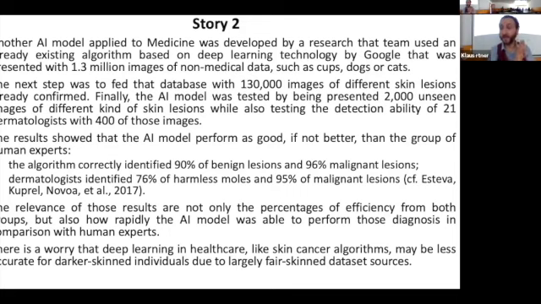In this case, there was this model from Google that was based on millions of non-medical data, for example, images of cubs, dogs, and cats. Then an AI medicine team wanted to use this model and train it for AI medicine applications, and they started to feed that model with different kinds of skin lesion images that were already confirmed by biopsy.